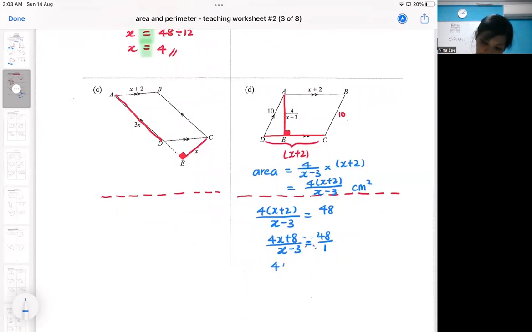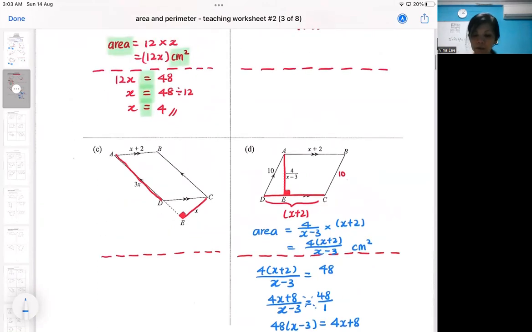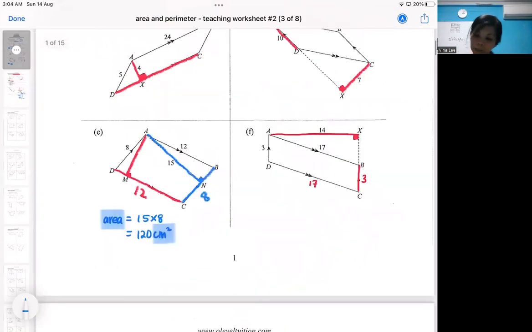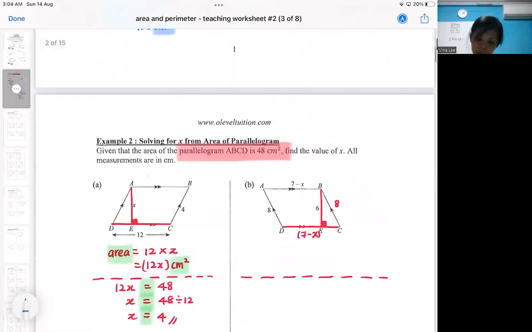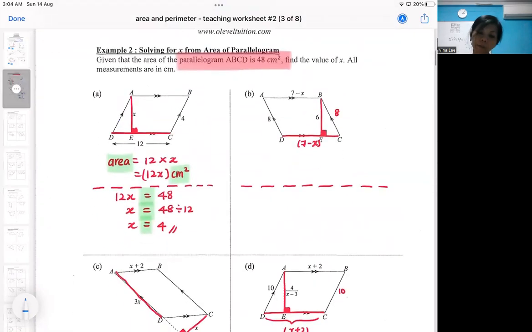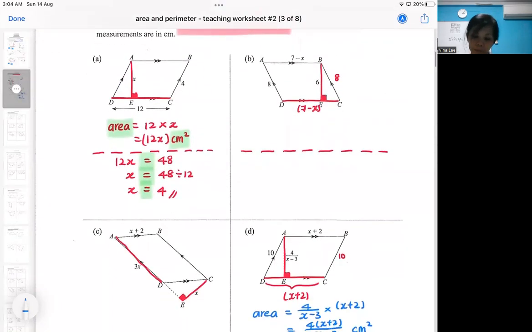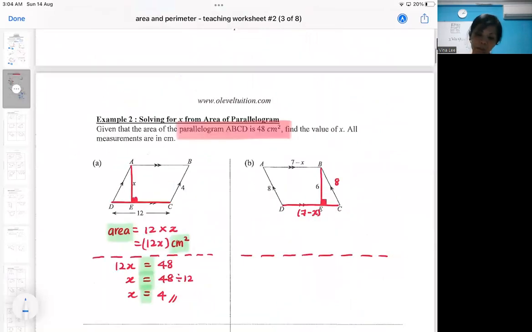So do your cross multiply, and then you carry on. So that is the idea of a parallelogram, the basic one to find area and also how it involves algebra in the area of parallelogram. So you need to try to complete this full page.